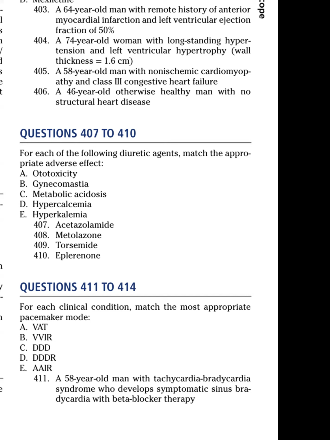It doesn't cause gynecomastia as bad as Aldactone. Then in that class, there's spironolactone, then eplerenone, then finerenone, which doesn't even cause gynecomastia at all. So torsemide is ototoxicity.